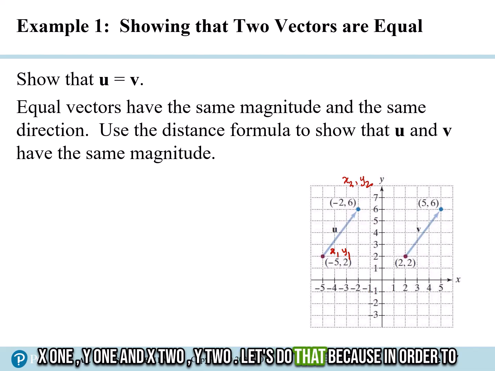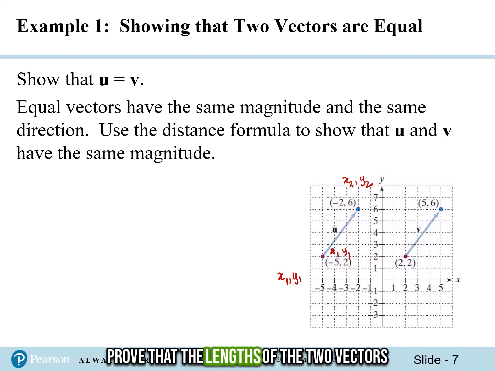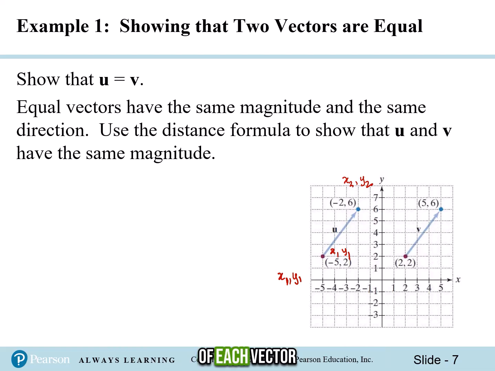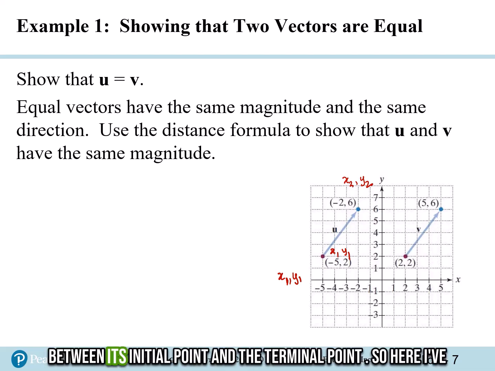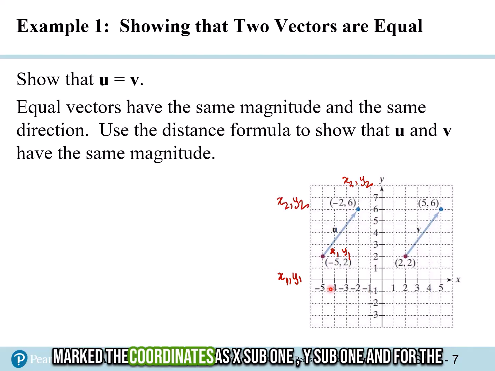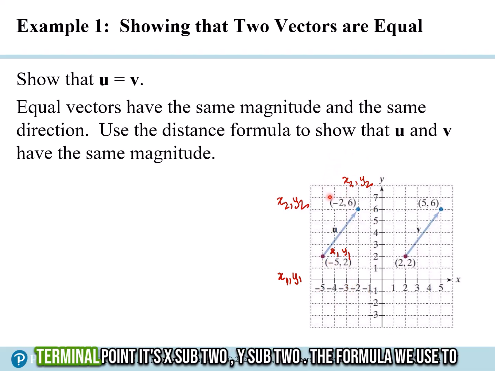Let's do that because in order to prove that the lengths of the two vectors are the same, we have to find the distance of each vector between its initial point and the terminal point. So here I've marked the coordinates as x sub 1 comma y sub 1, and for the terminal point it's x sub 2 comma y sub 2.